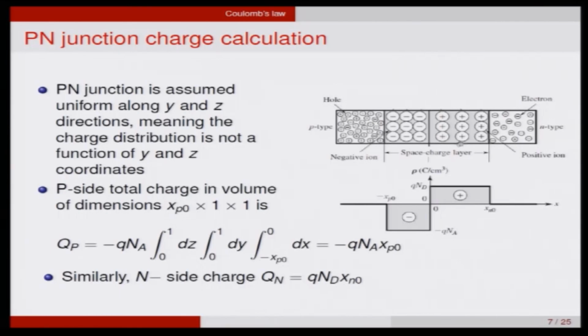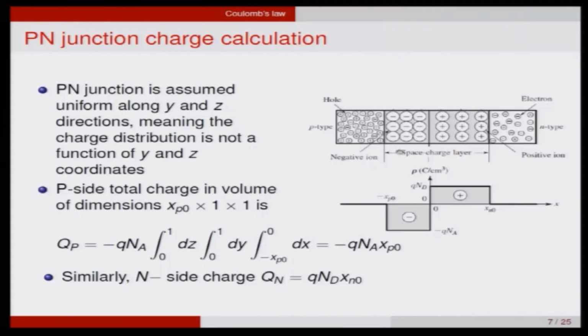In the space charge layer to the right, which is the N type region, the charge density in Coulomb per centimeter cube is QND, where Q is the same as E that we have seen earlier. So this QND is the charge density, that is charge per unit volume measured in per centimeter cube, on the N side space charged region.